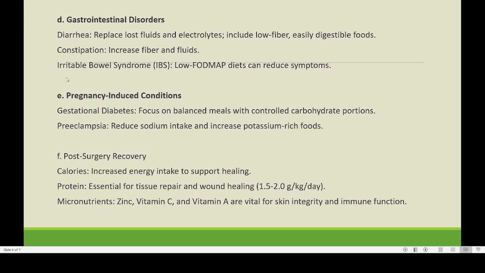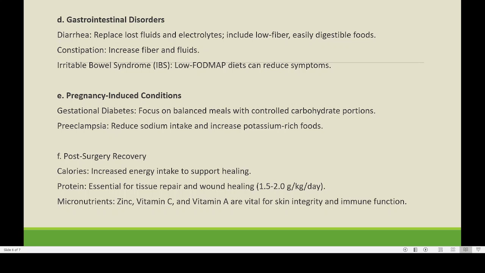Then irritable bowel syndrome: a low FODMAP diet can reduce it. I don't know what this FODMAP is, we will check. See, the special kinds of food are known as FODMAP.